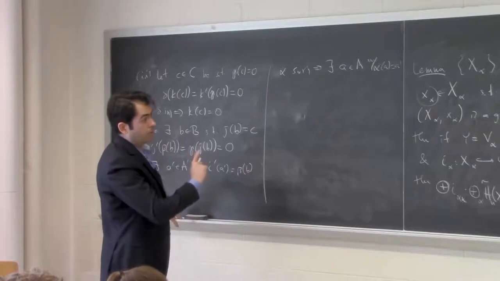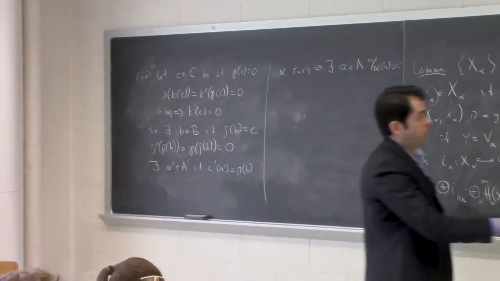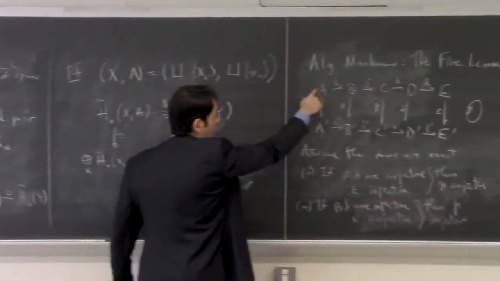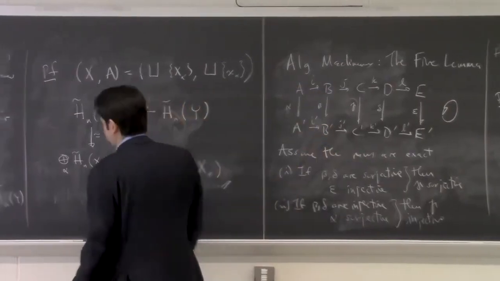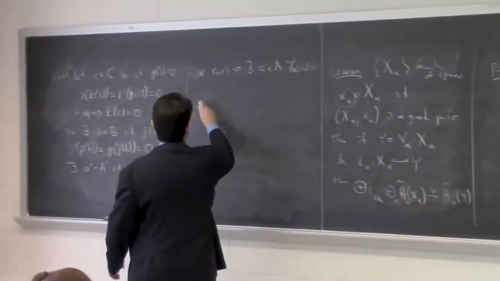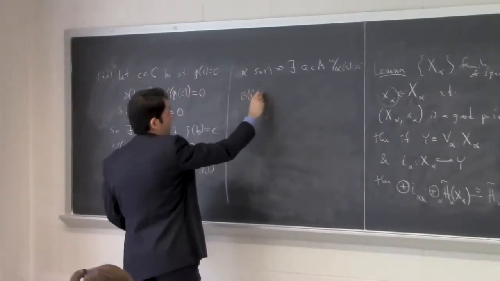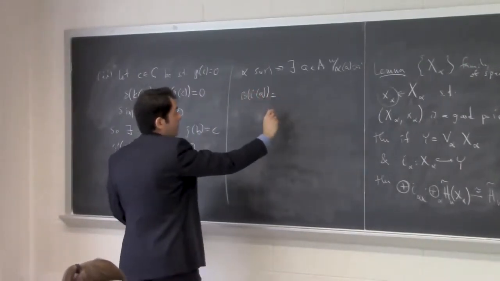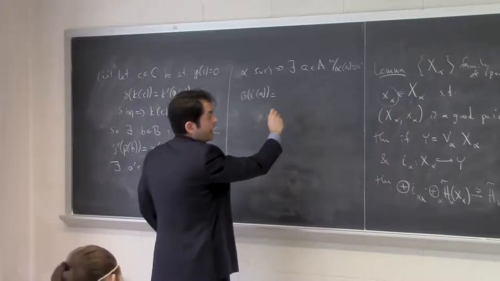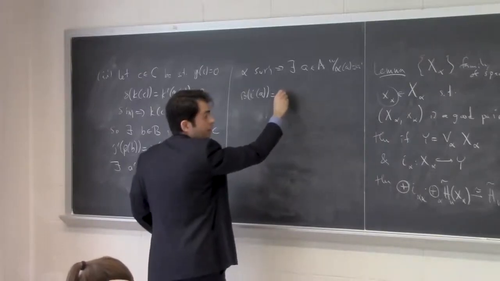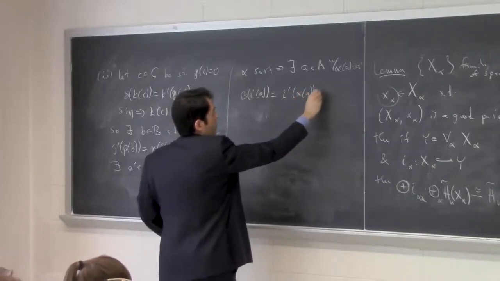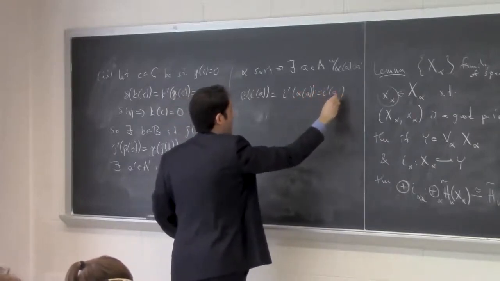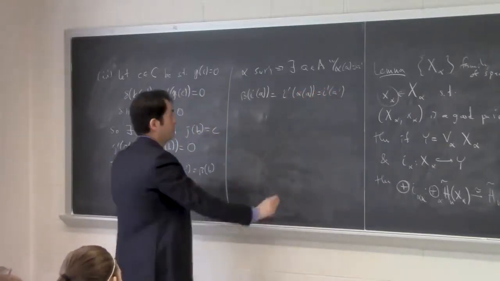Okay, so we know what happens. We're up here. We know what happens if we go like this. So that means we know what happens if we go like that. Right? So beta of i of a is equal to i prime of alpha of a. So that's i prime of a prime, and i prime of a prime is equal to beta of b.